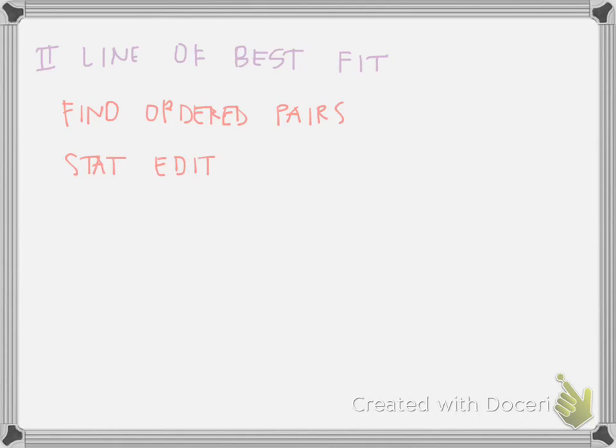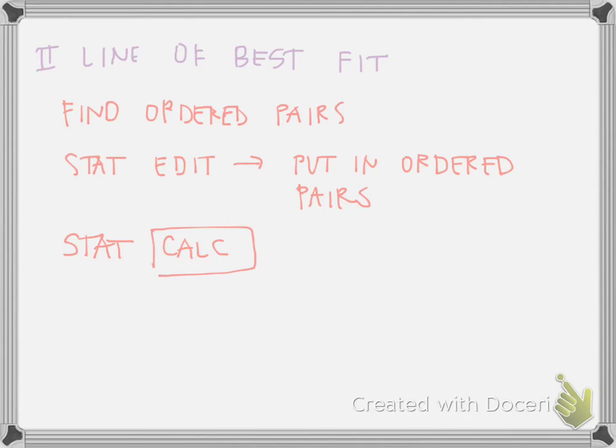Put in the ordered pairs. After you do that, you're going to go back to stat. Then you're going to go over to calc, and then you're going to do one variable.